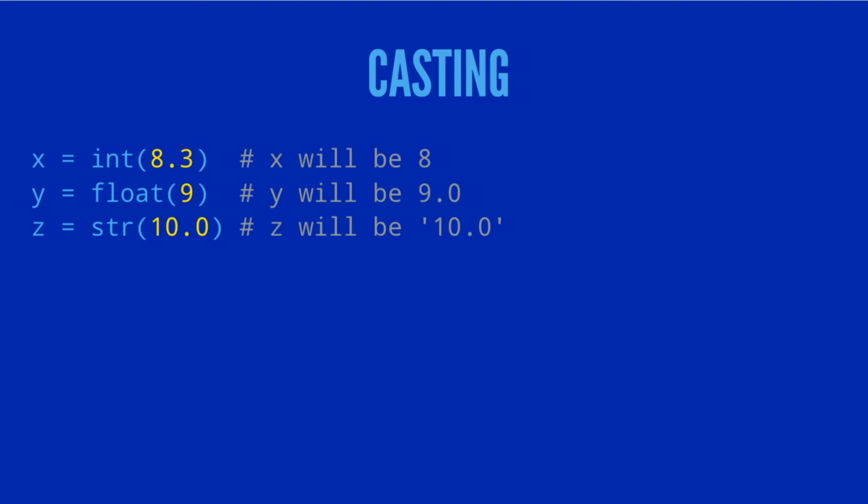So you can see x will be 8. Y equals float 9. We've put an integer there, but we're casting it to a float, so it'll change it to 9.0. And lastly, z equals str 10.0, and that will change 10.0 to being a string. So if you want to concatenate strings together, you have to change integers or floats to strings first.